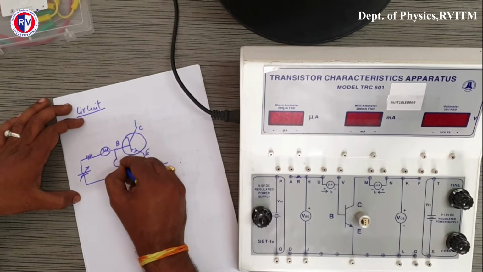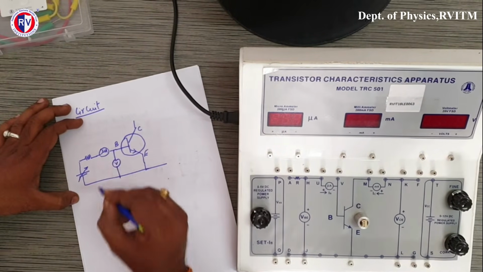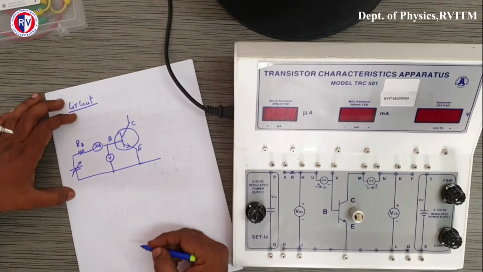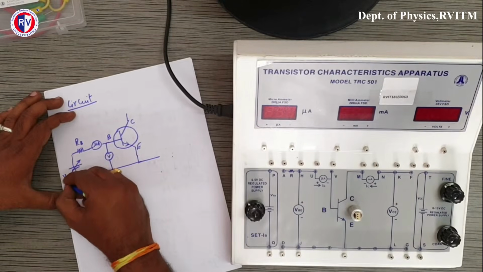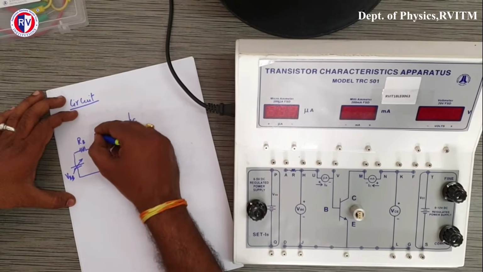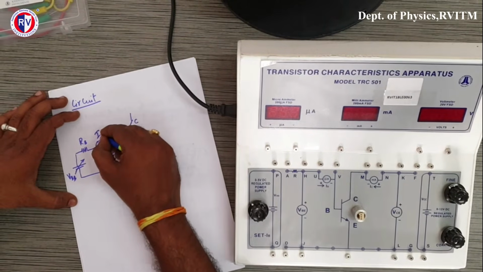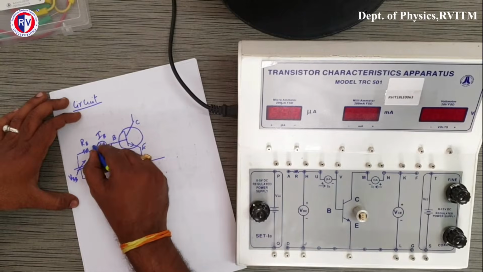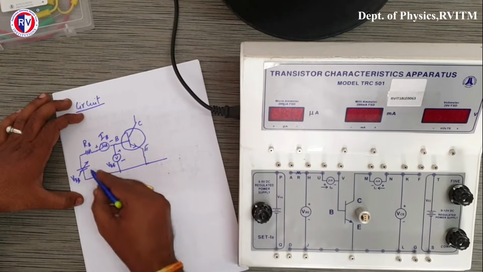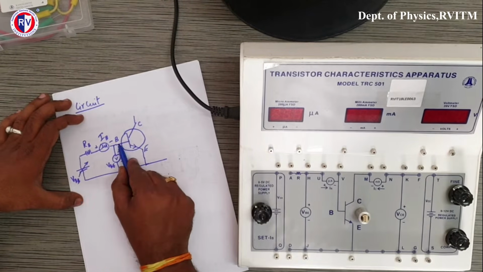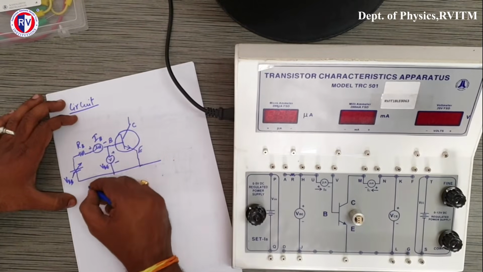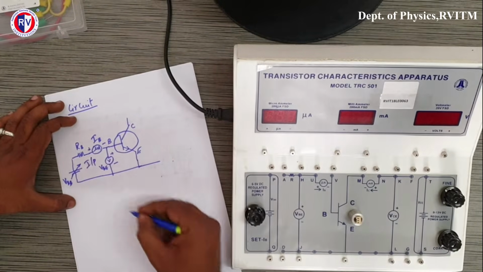Across this terminal a voltmeter is connected. Let's say this is RB and this is VBB, this is VBE, and the current through this is called IB. The positive of the battery is connected to the base and the negative is connected to the emitter. So this is forward bias, and this is the input circuit.